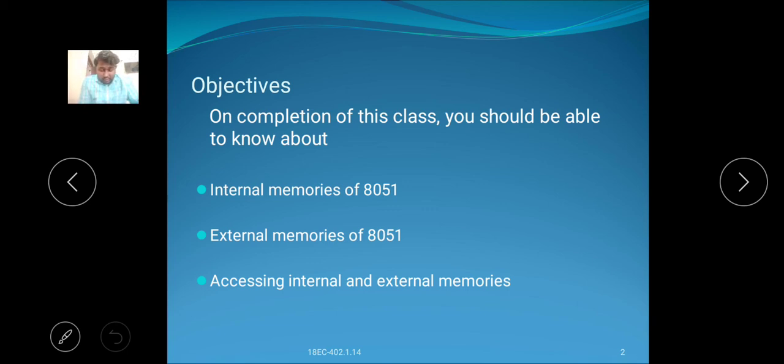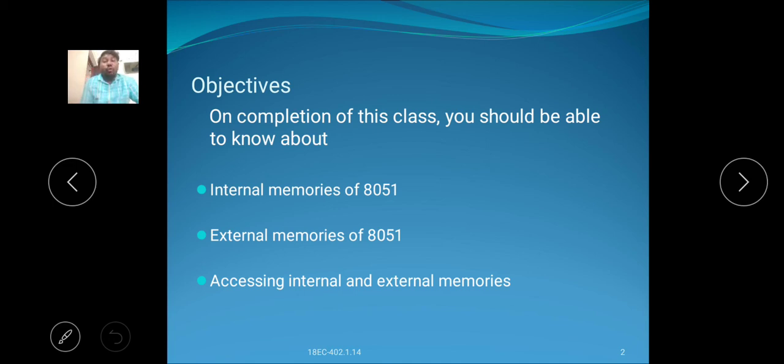In the internal RAM, we classify the register banks in the range 00H to 7FH: 00 to 07 bank 0, 08 to 0F bank 1, 10 to 17 bank 2, 18 to 1F bank 3, 20 to 2F bit addressable area, 30 to 7F general purpose registers. This is the internal RAM.